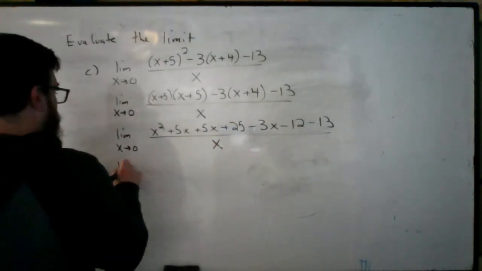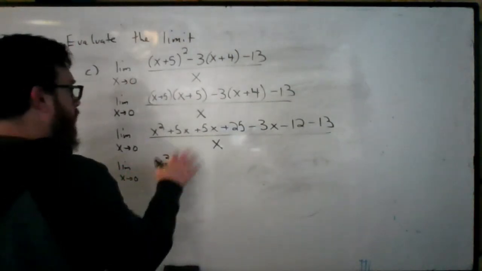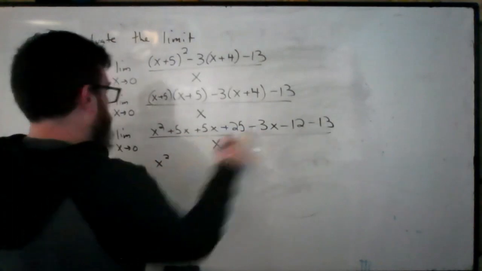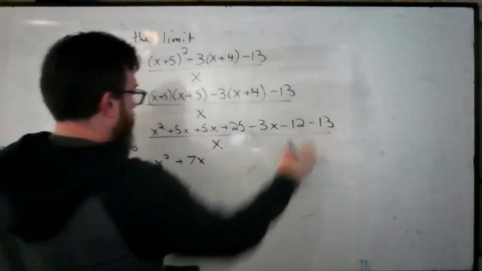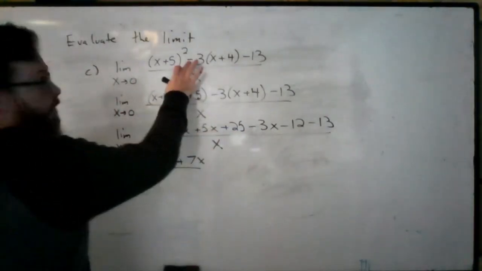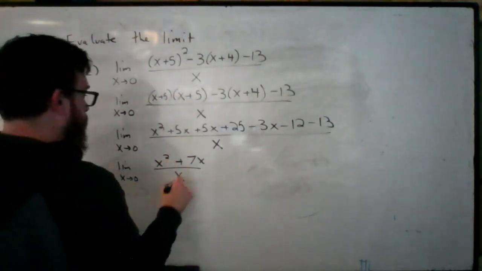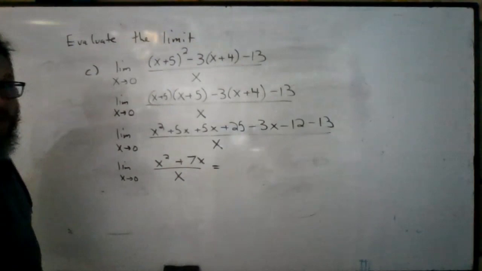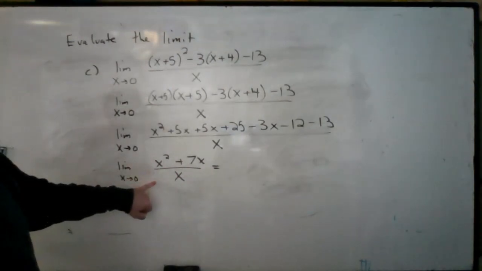So limit as x approaches 0 of x squared, 5x plus 5x is 10x minus 3x is going to be 7x. And then 25 minus 12 minus 13 is going to be 0. So this large expression in the numerator just simplifies to this binomial all over x. Now that we have this in simplified form, I can see if I can factor and cancel.